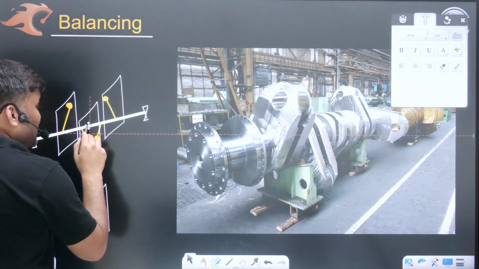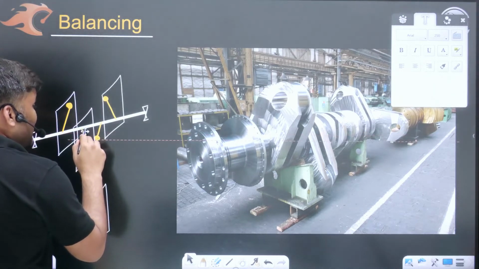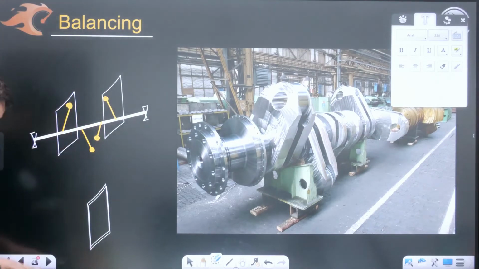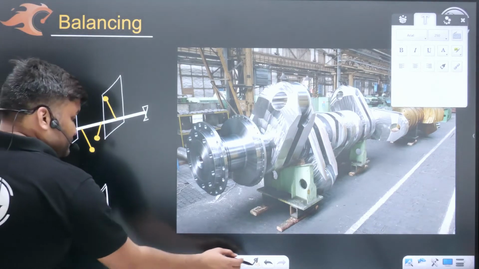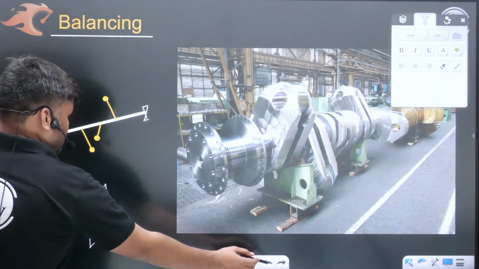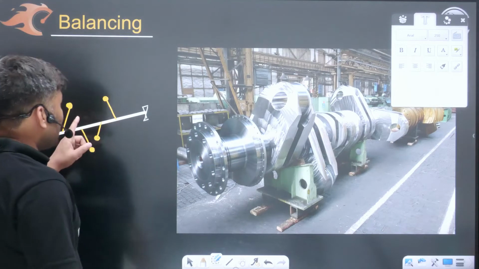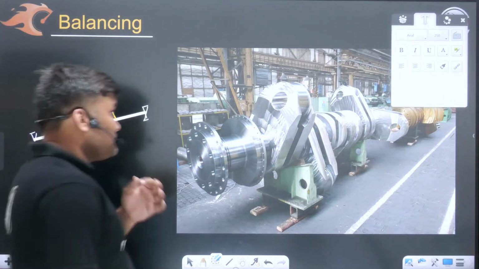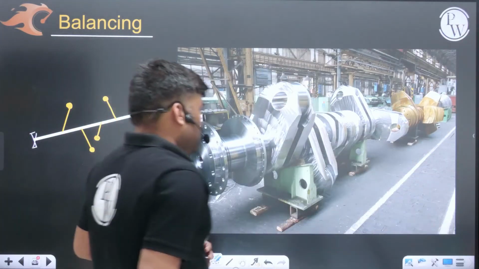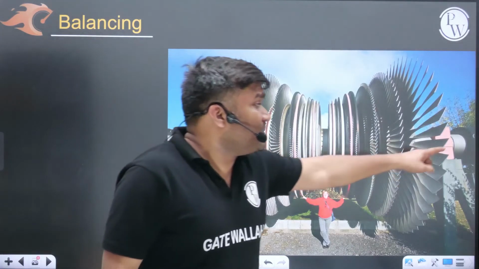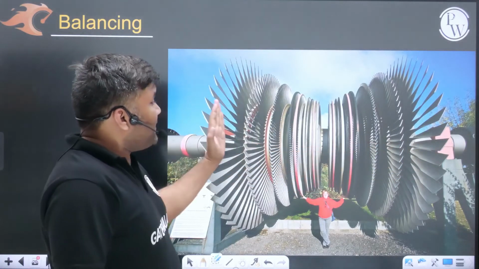There are so many different planes and masses are rotating in separate planes. Clear hai? Imagine kariye beta. Complete diagram I have shown. Real diagram is this. On the other hand, you may have a huge turbine. Can you feel shaft ke upar different planes mein?